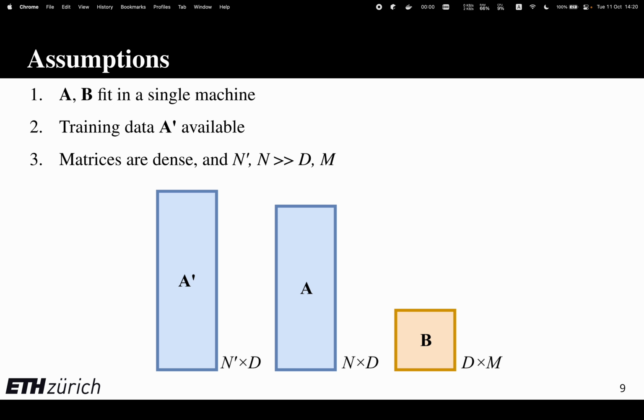In machine learning terms, we not only have the test set we want to make predictions for, but we also have a training set. Both matrices A prime and A are skinny and tall, and all matrices are dense. In machine learning terms, this is called over-parameterization, where we have more data points than the number of parameters in our model.